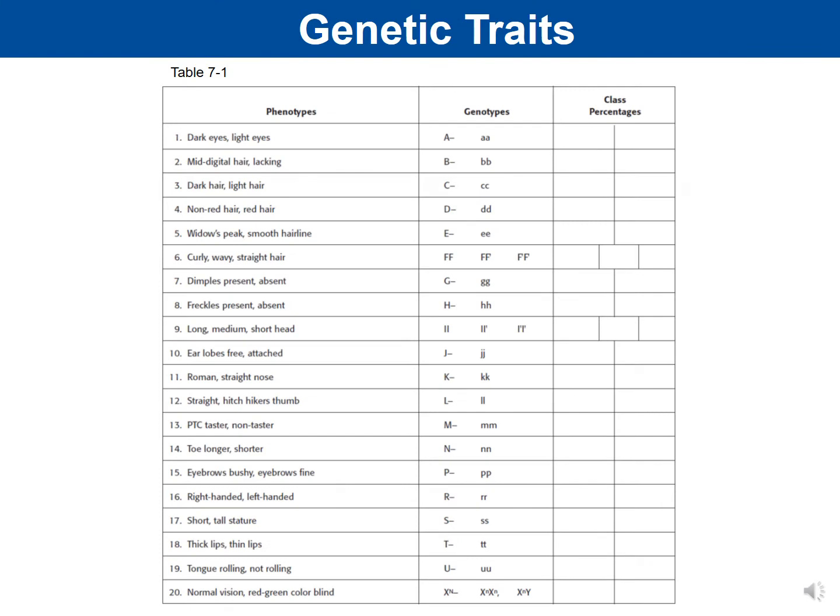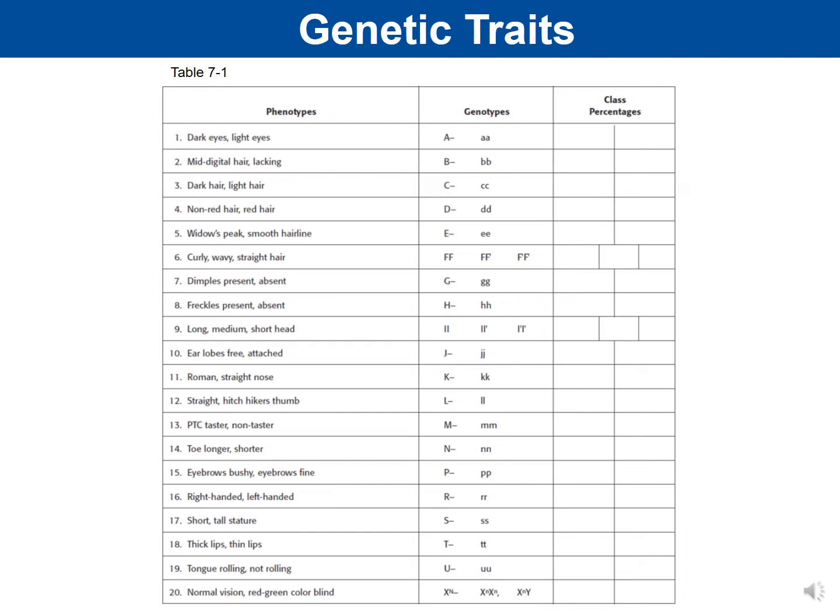So what you're going to do is on table 7.1, you're going to look at these traits. On the left, you have your phenotype. On the right, you have your genotype. And in your lab, there is a description of each of these traits, meaning if we say dark eyes and light eyes, what is different between dark and light?